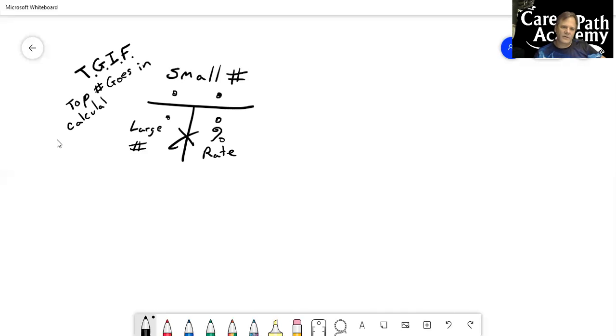That's what TGIF stands for. So that's your acronym right there, TGIF: top number goes in first. Now that we have this information, this is your guide on how to use the T formula.